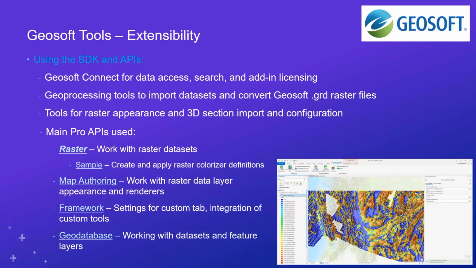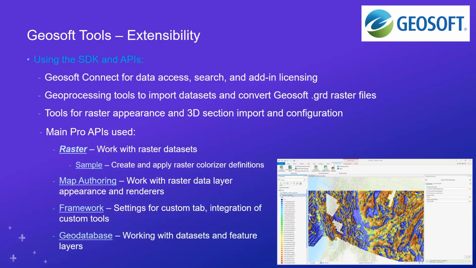First, the Geosoft Connect was used for data access, search, and add-in licensing, and it was integrated with ArcGIS Pro, as you saw. Next, there were geoprocessing tools, which allowed for the importing of the Geosoft datasets and converting those grid raster files into a format that could be immediately used within the maps.